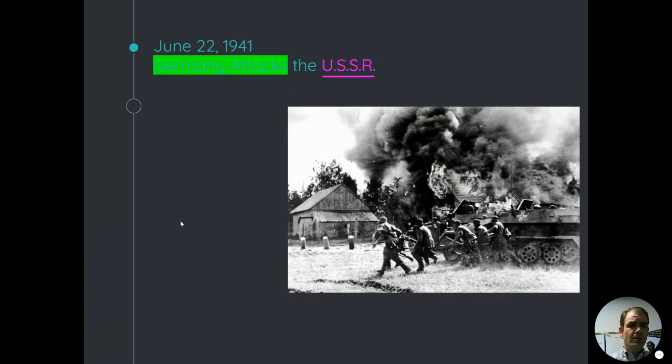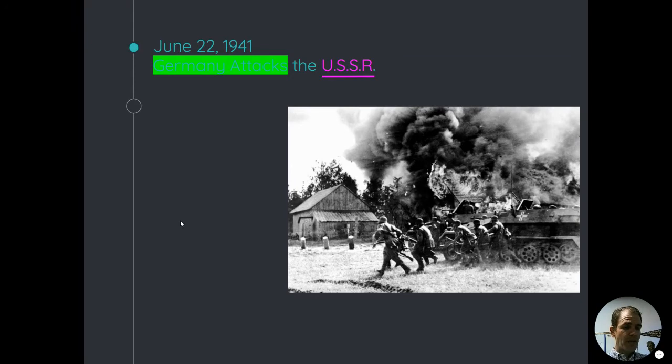And then on June 22nd, 1941, Germany attacks Russia. This was Germany's plan all along. Russia was too big and dangerous to have as an enemy early on. But now that Germany has taken over so much of Europe, they don't have to worry about Russia sneaking up behind them and attacking them.